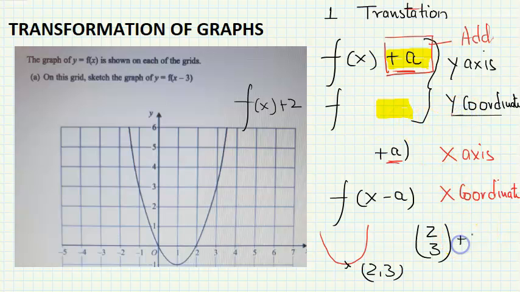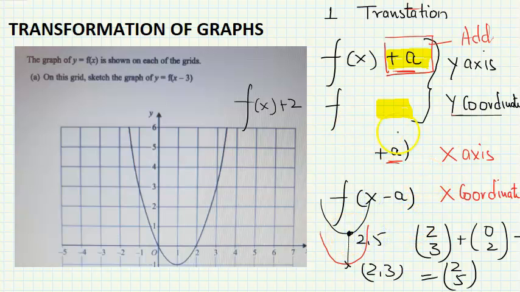So this means plus 0, 2. So the resulting coordinate will be 2 and 5. Here you can also see, if this is the coordinate, we are putting it 2 up. So this graph will go up. So this is going to be 2 and 5.